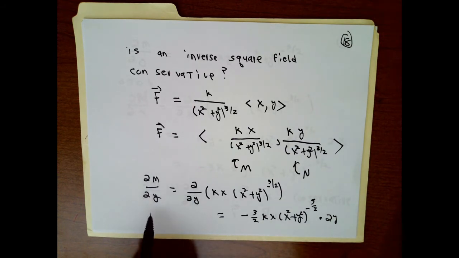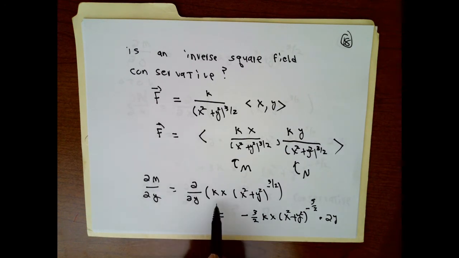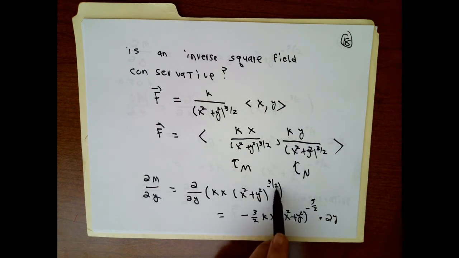Partial of M with respect to y, after writing the quantity in this format: k times x is a constant in this context, so pull it out of the derivative. I've got something involving the quantity raised to the negative 3/2 power.